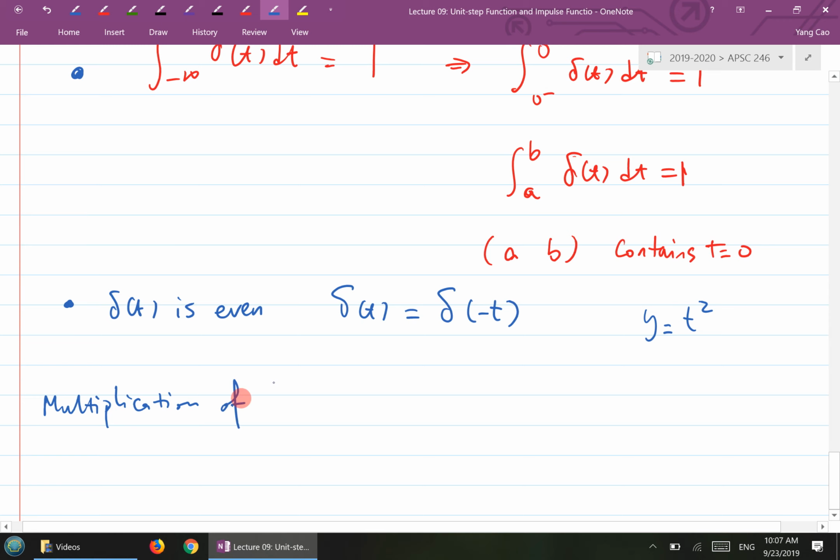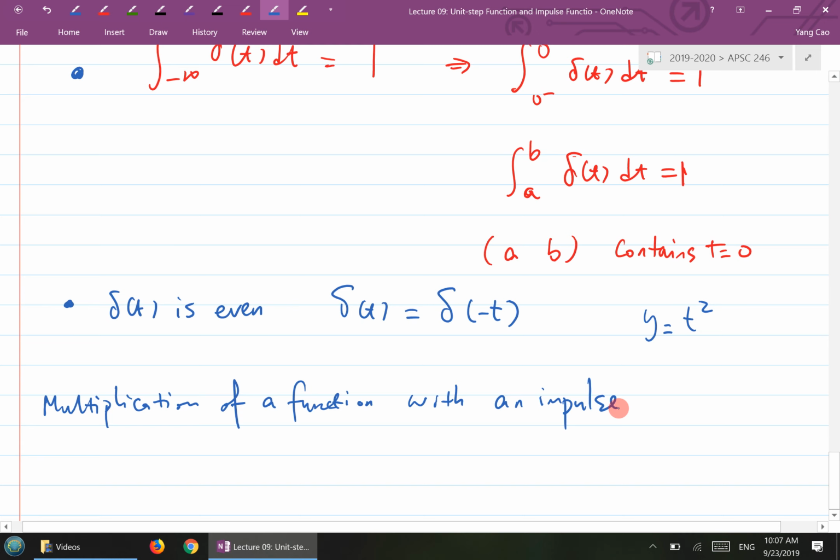For now, the first one is that we can multiply a function with an impulse. We can always multiply a function with an impulse.